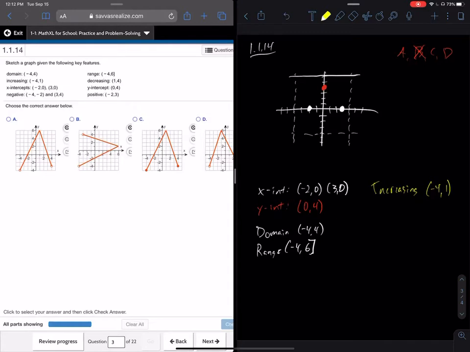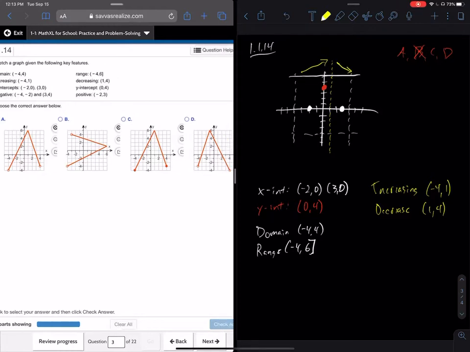So on this side, it's going to go up all the way to this point here at 1, and then it's going to decrease from 1 to 4. So we know it's going to go up and then down.